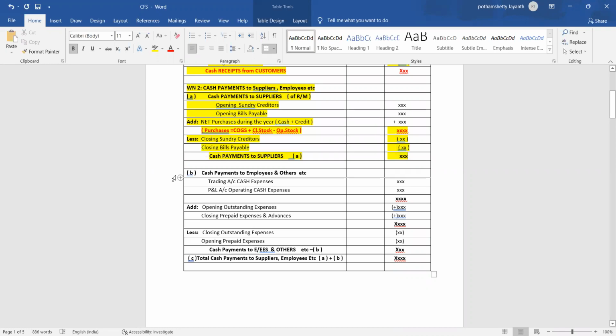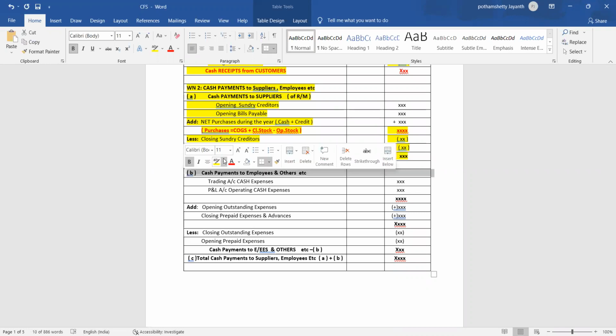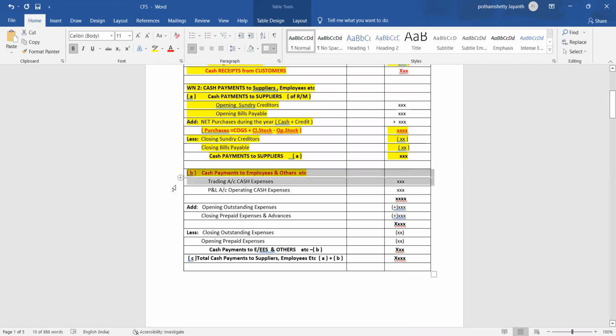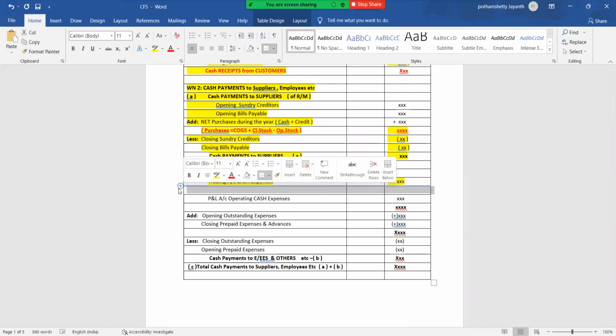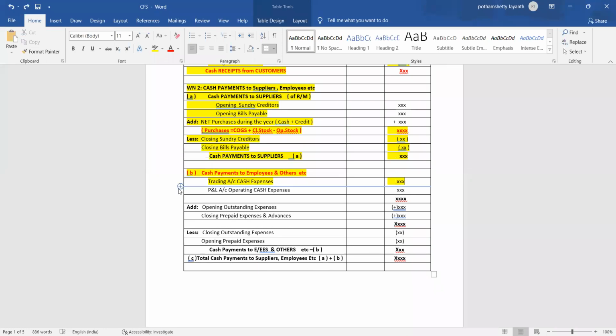Next, cash payment to employees we need to get. How to get cash payment to employees: from the trading account cash expenses, don't consider non-cash expenses like depreciation. Depreciation and such items, don't take. And operating cash expenses you consider.